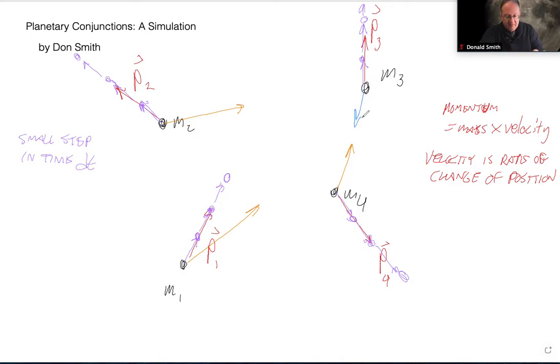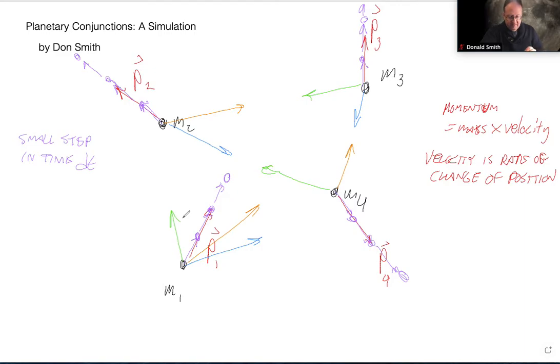It's pulling M3 this way, it's pulling M2 that way, it's pulling M1 that way. If I'm not lining these up right, imagine the arrows are pointing toward the masses. Okay, and then M2 is pulling on the other three, so it's pulling this way, and this way, and this way.